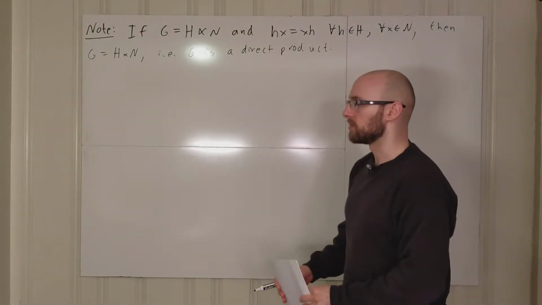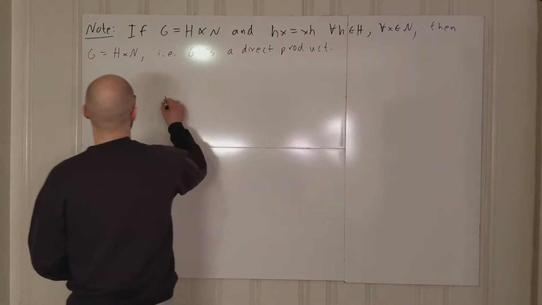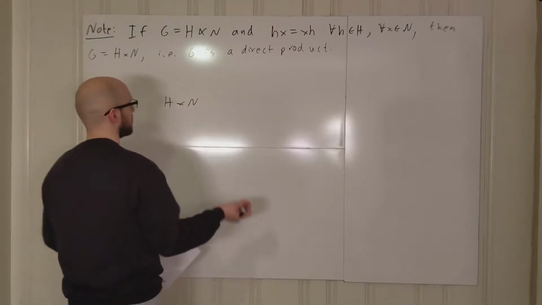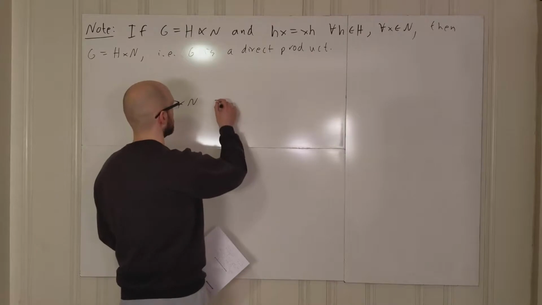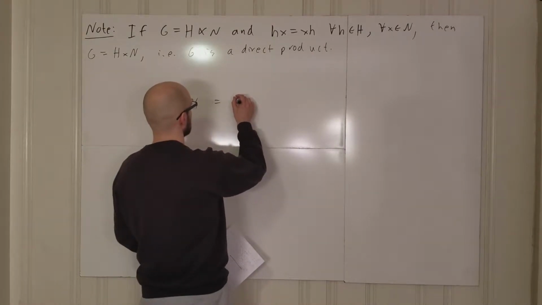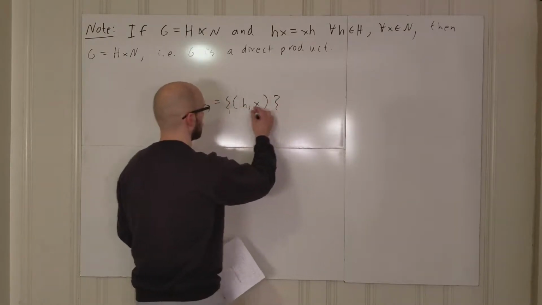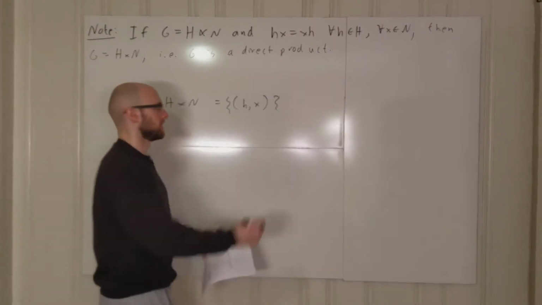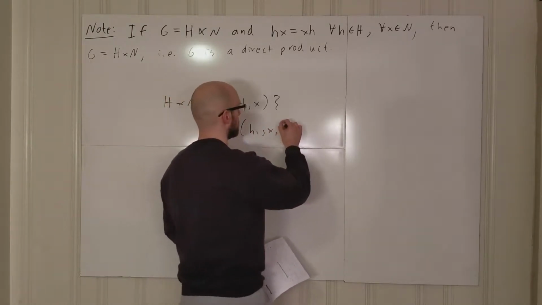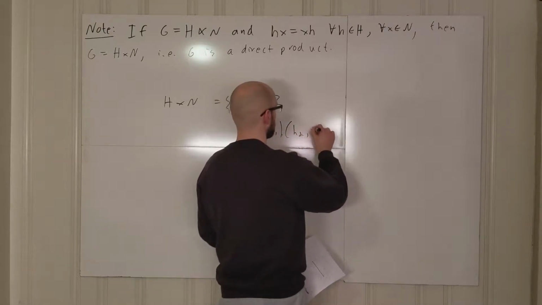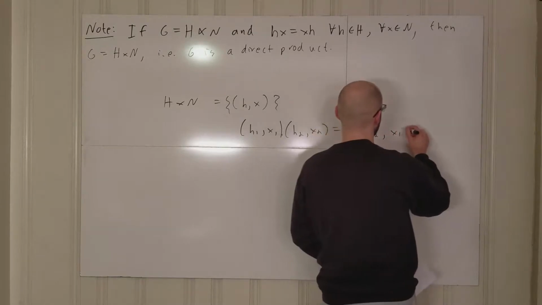which you would learn in a first course in group theory, where the direct product of H and N is just the set of all pairs (h, x), where h is in H and x is in N. And here we have (h1, x1) times (h2, x2) equals (h1h2, x1x2).